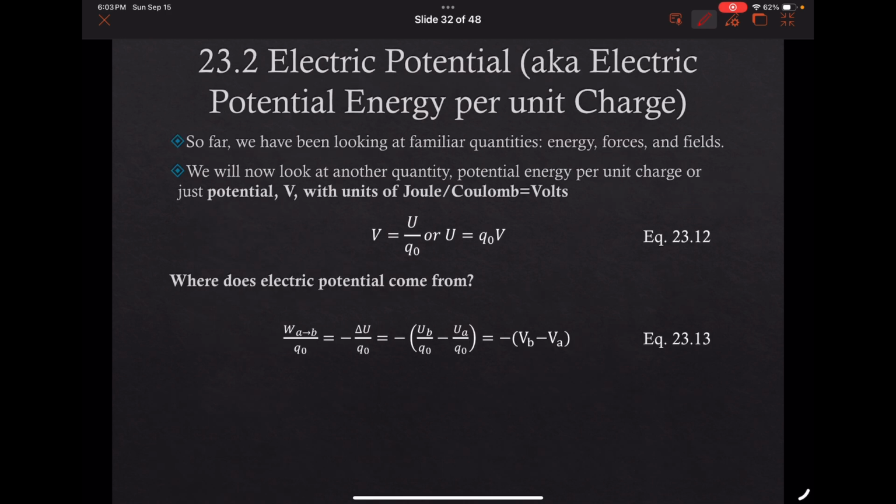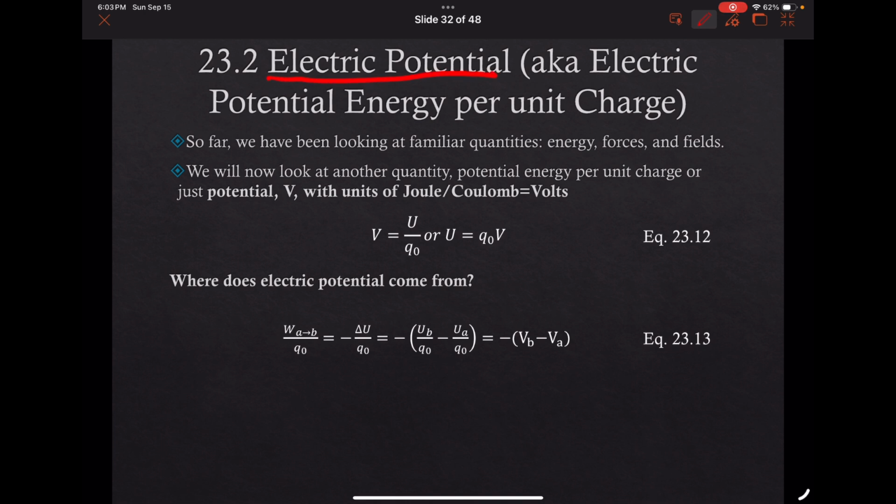So we talked about electric potential energy, right? And I think we all have a good foundational understanding of that because of our experience with gravitational force and gravitational potential energy. So now I want to define a new term relating to electric potential energy, and that's called electric potential.